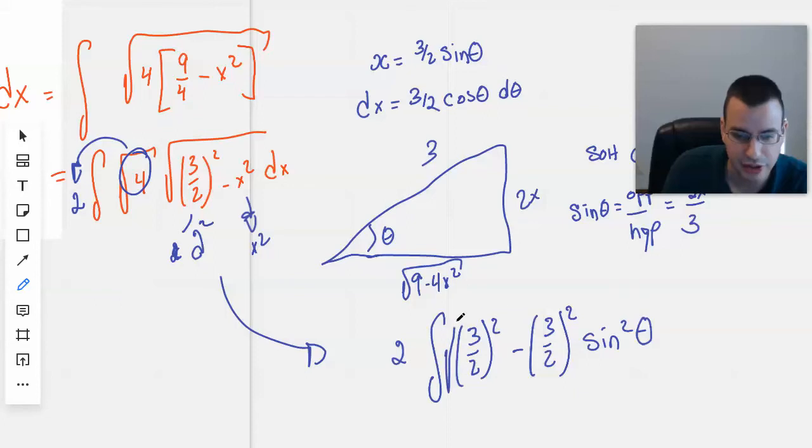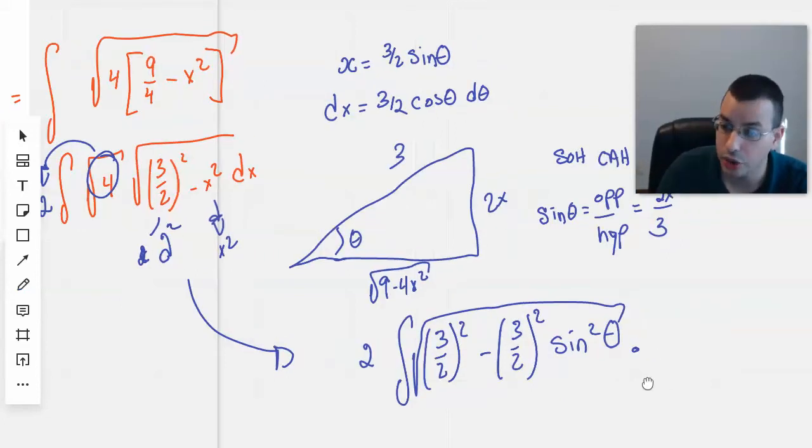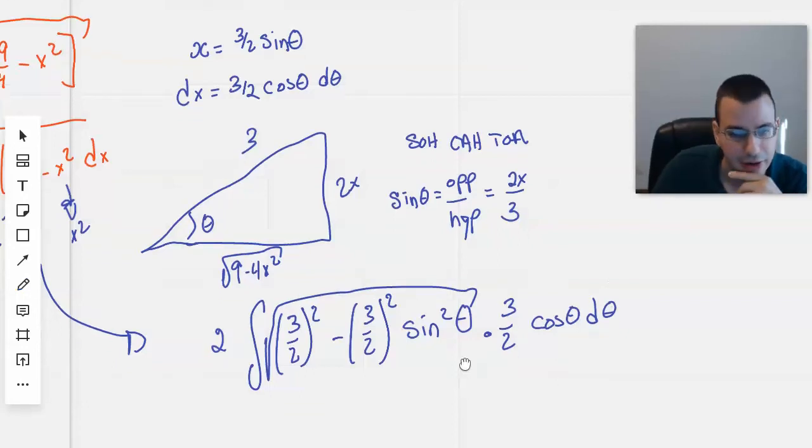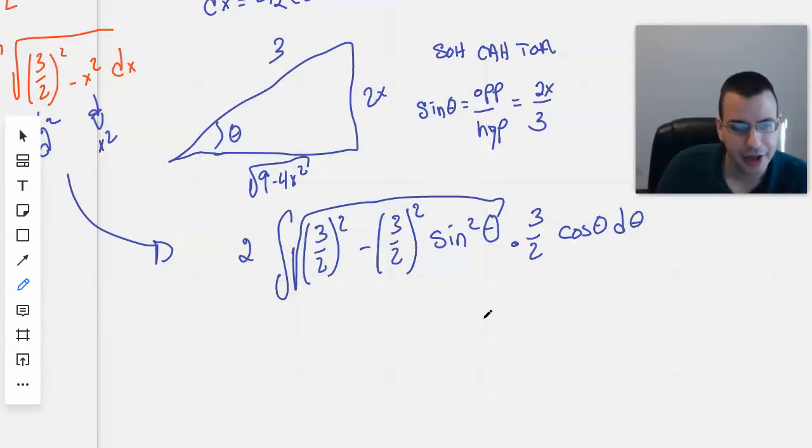And then all of this is square rooted, and then we'll multiply by dx, which we happen to know is 3/2 cosine theta d theta. Okay, doesn't seem so bad so far.